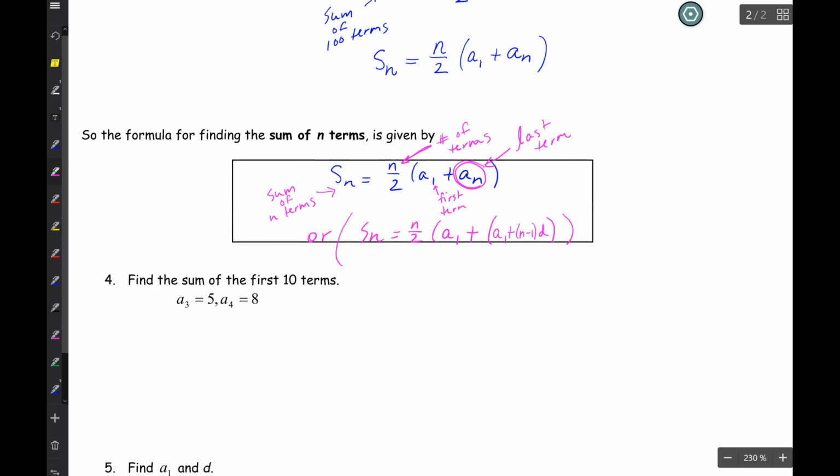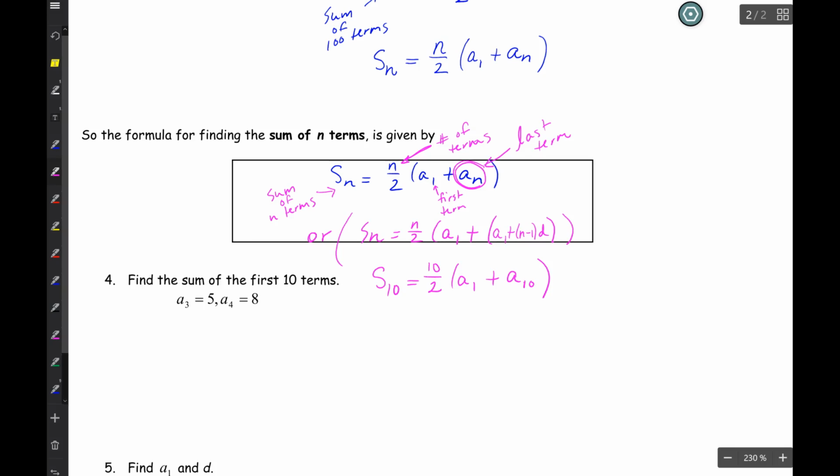All right, let's see if we can do it with number 4. Find the sum of the first 10 terms. So here we're looking at the sum of 10 terms is going to equal 10 divided by 2 multiplied by the first term plus the last term. What do we have to find in order to be able to find this sum? The first term, the last term, we need the common difference, right?